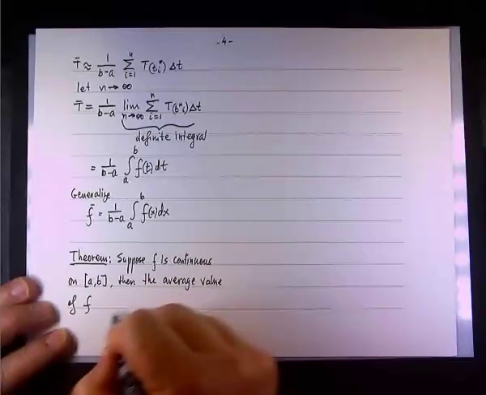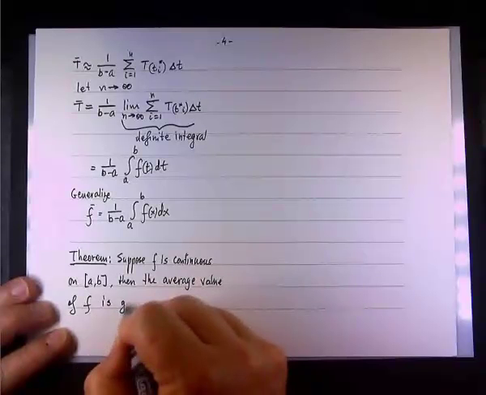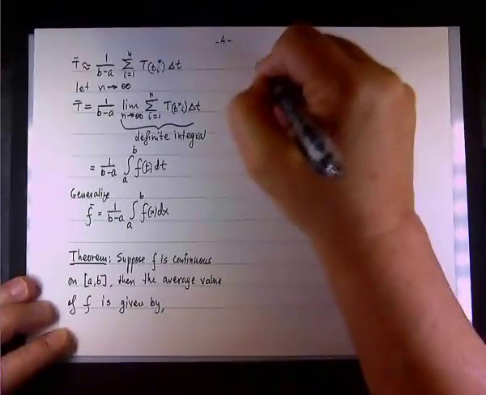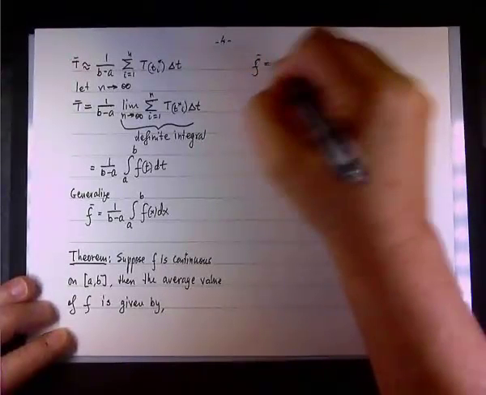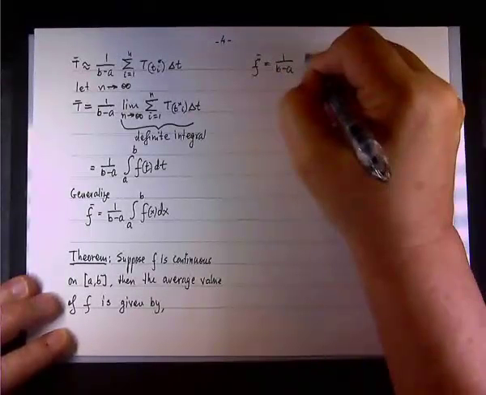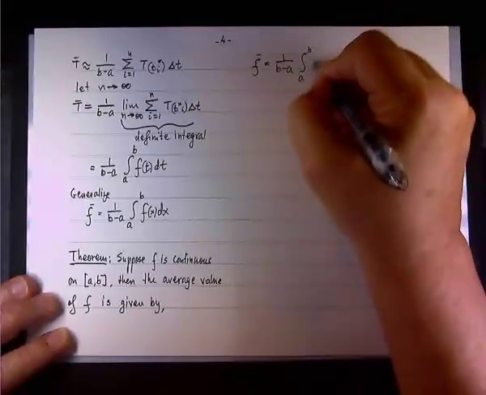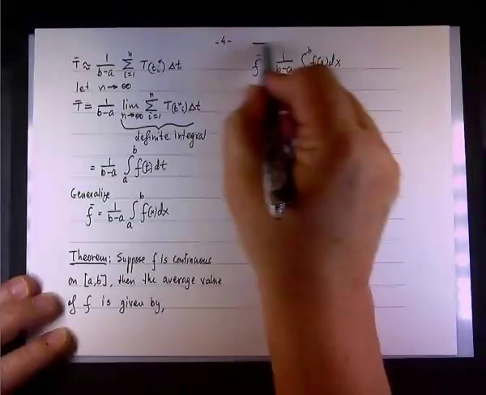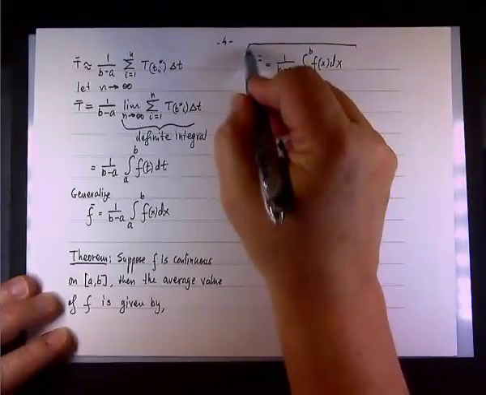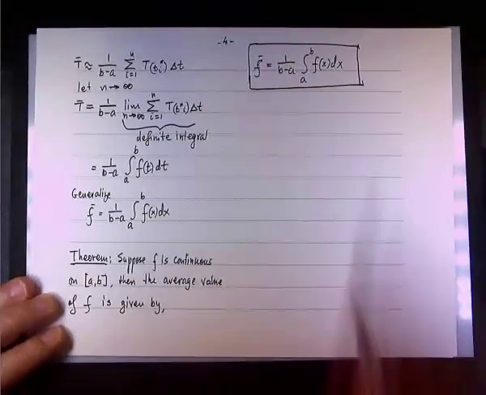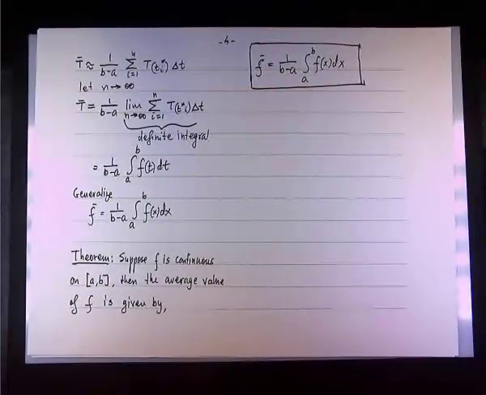Then the average value of f is given by, and here we write f bar, the average value, 1 over b minus a, the integral from a to b of f of x dx.